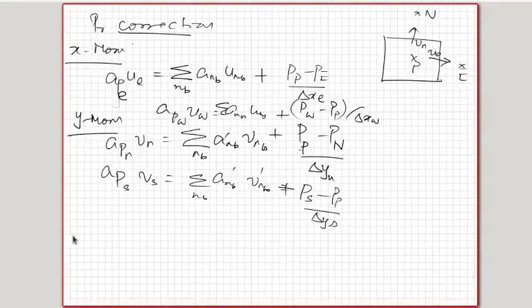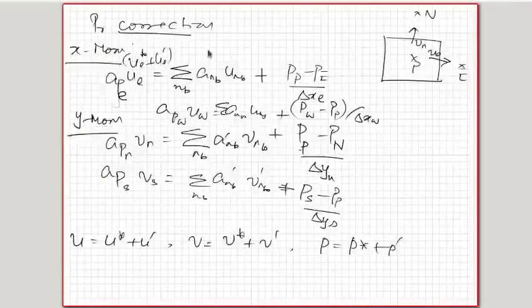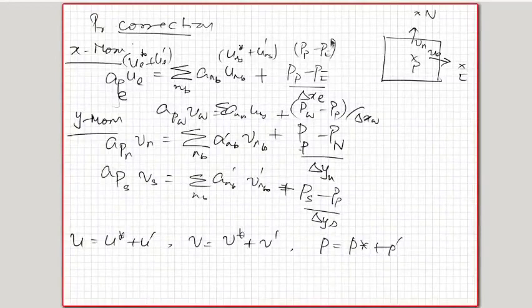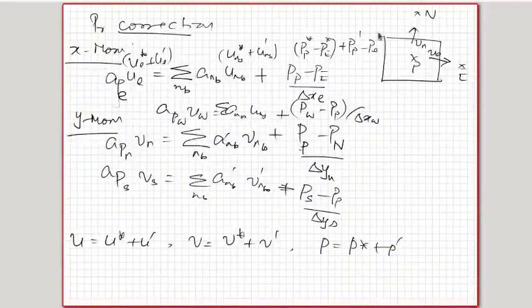Now, if I write U is equal to U star plus U prime, V is equal to V star plus V prime, and P is equal to P star plus P prime, then if I substitute that, this becomes UE star plus UE prime, this becomes UNB star plus UNB prime, and this becomes PP star plus PP prime minus PE star minus PE prime divided by delta X. Now, the starred form of the equation has already satisfied the momentum equation and therefore can be cancelled out.